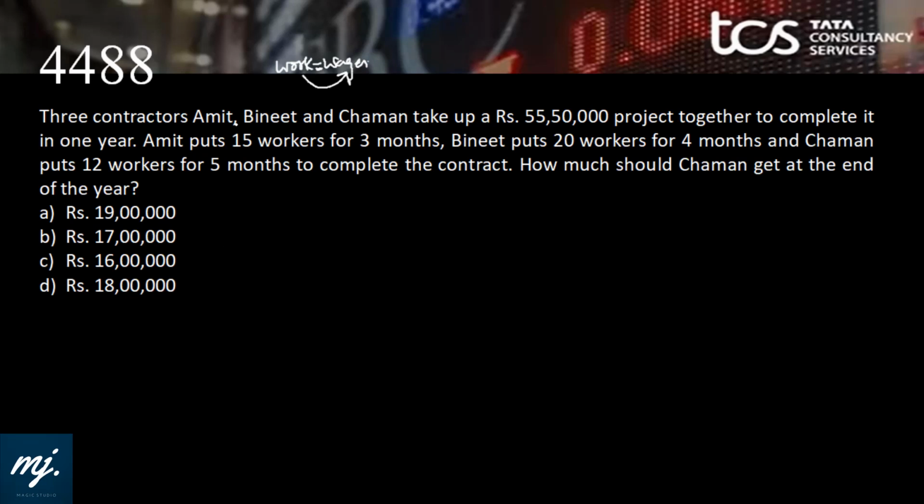Three contractors A, B, C, Amit, Vineet and Chaman, take up a Rs 55 lakh 50,000 project, which can be treated as the work, together to complete it in 1 year. Amit puts 15 workers for 3 months. Workers or men, and this is time in months.